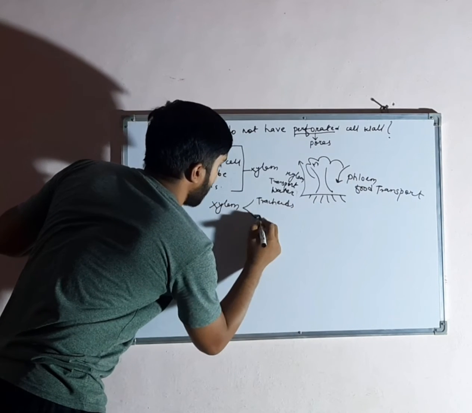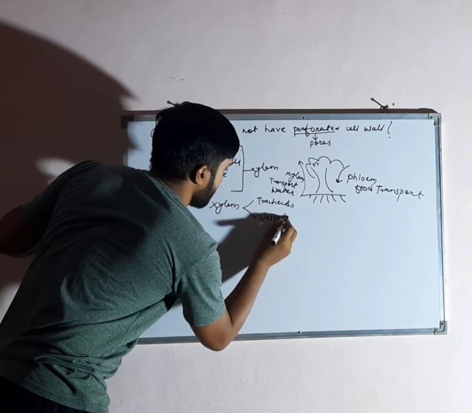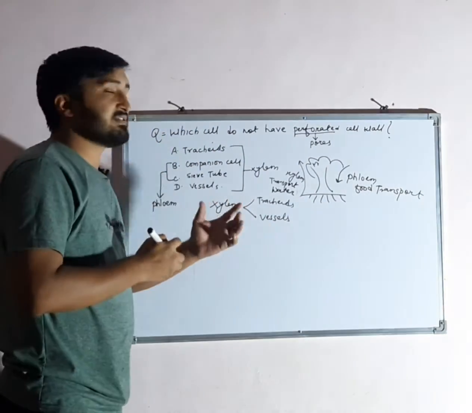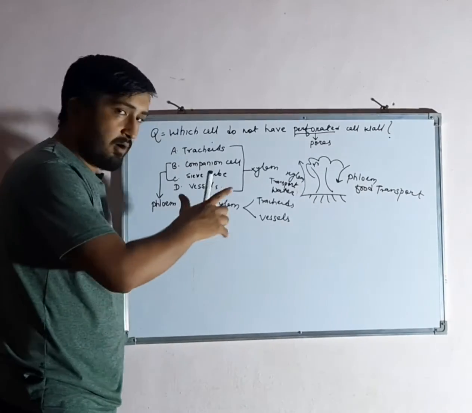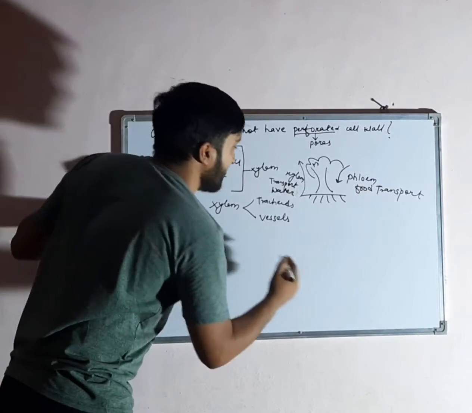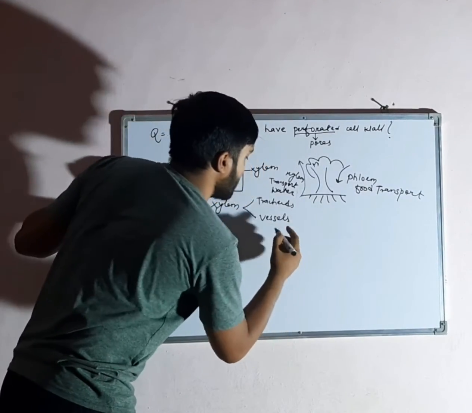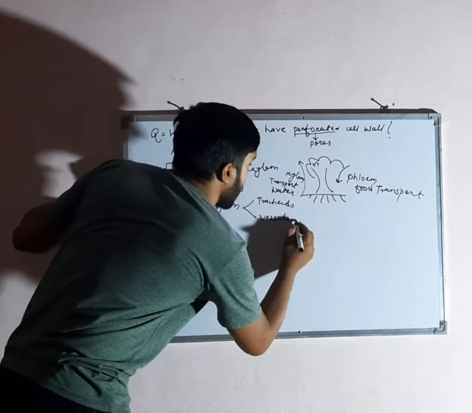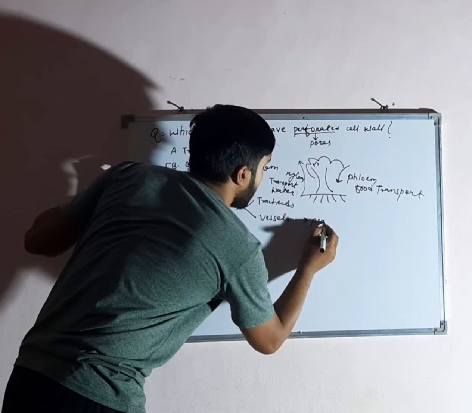Xylem has tracheids and vessels. Now, the vessel contains many cells which are collectively called vessel members, and all these are connected with each other through a perforation in their cell wall. So the vessels have the perforated cell wall.